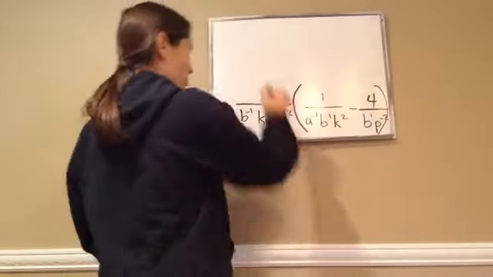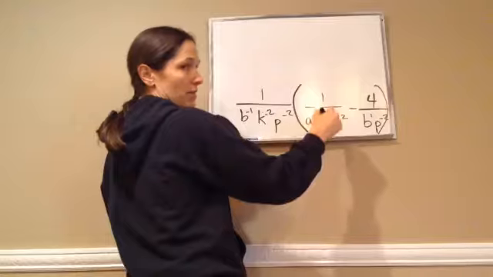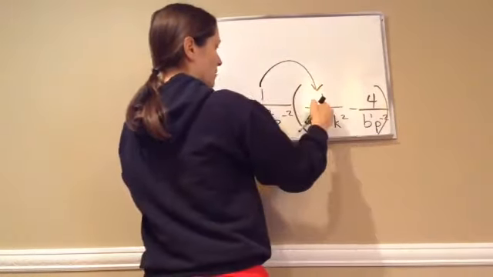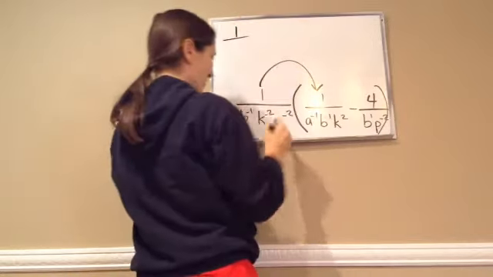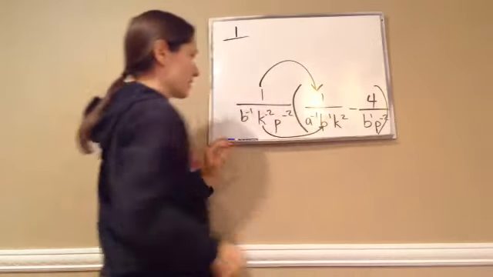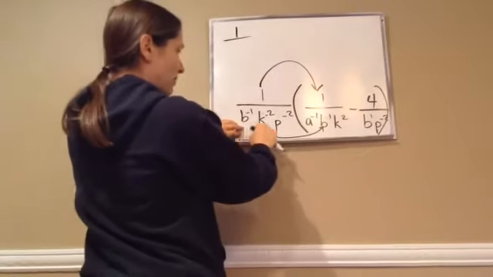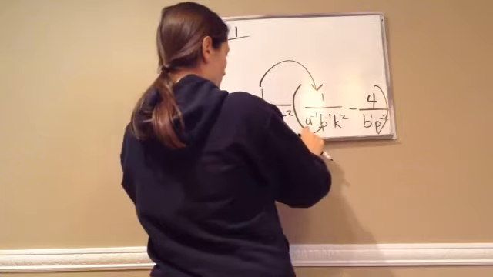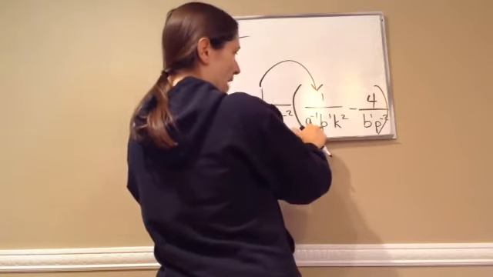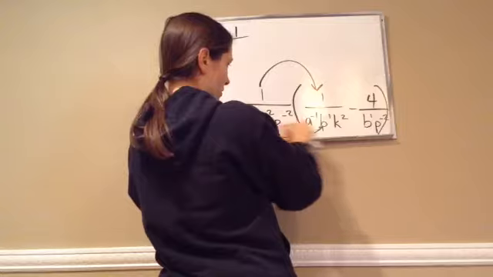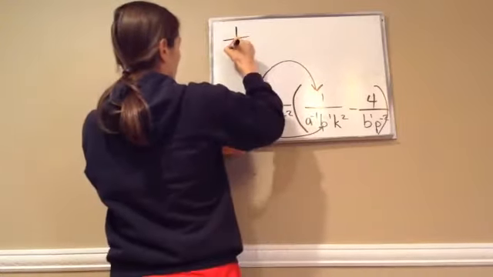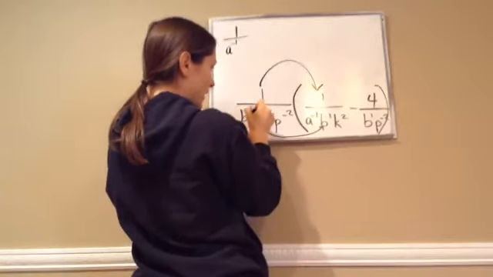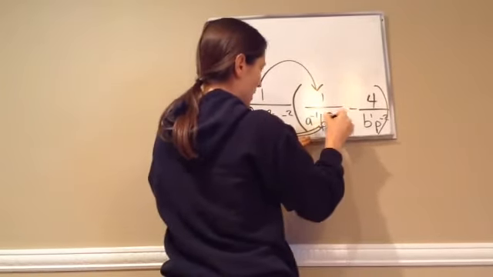Okay, so remember, numerator times numerator, denominators times denominators. So numerator times numerator, 1 times 1 is 1. And then this times this. Now, as you can see, we have a B, K, and a P, and over here we have an A, B, and a K. So, I'm going to do alphabetical order. Can I multiply this A times anything over here? No. So we just leave it, A to the negative 1. But my B's, I have a B negative 1 times a B positive 1.